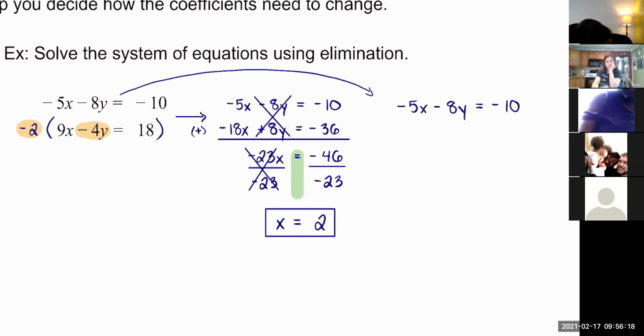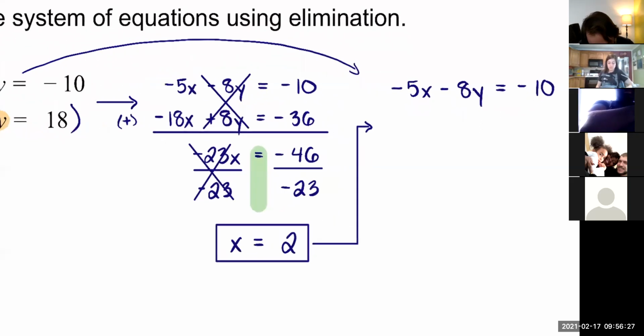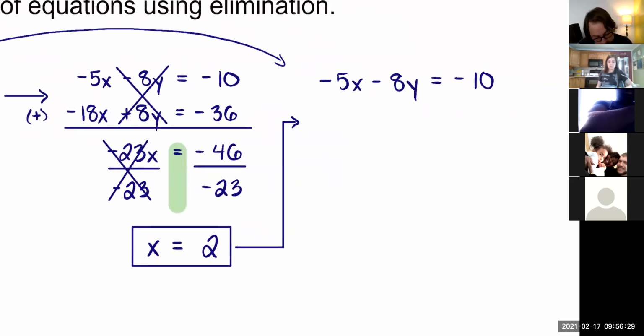And I now know that my x is a positive 2. So when I get to the x, I'm going to replace it with 2. That gives me negative 5 times 2 minus 8y equals a negative 10.